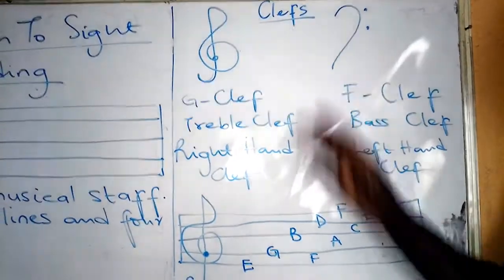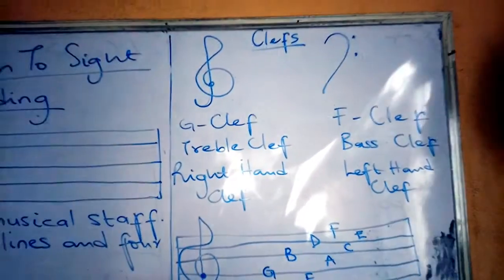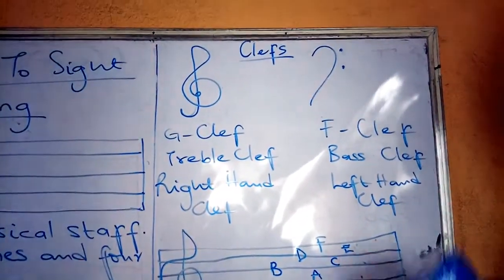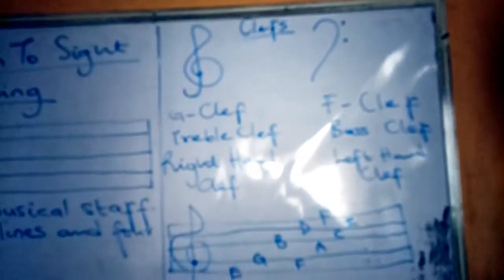Now, your G clef spells out what your right hand should be playing. That means your G clef plays notes above the middle C. The middle C is the C in the middle of your keyboard.